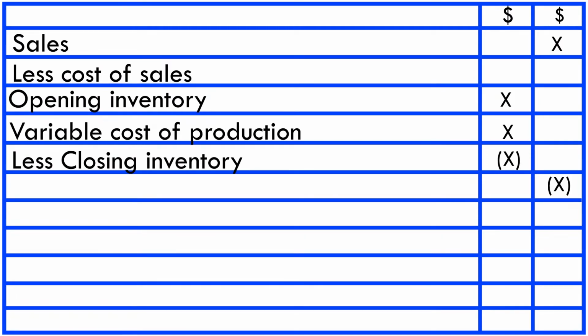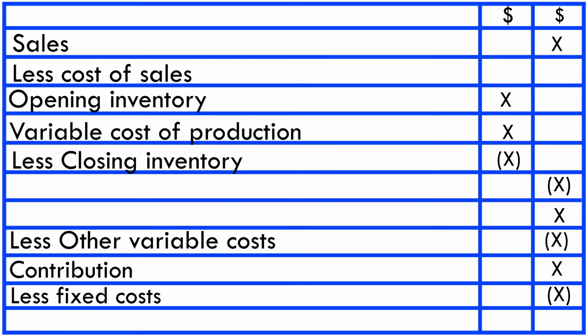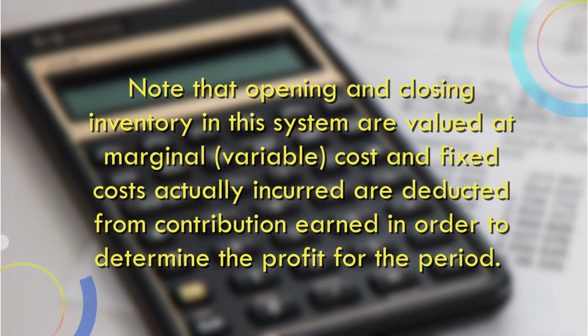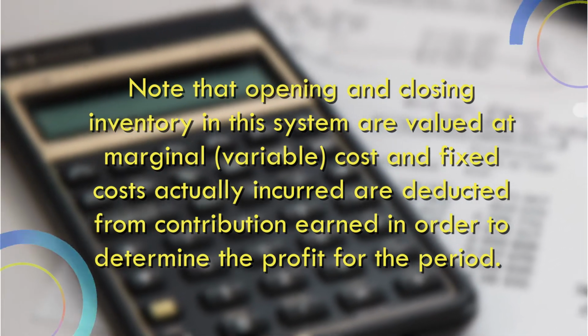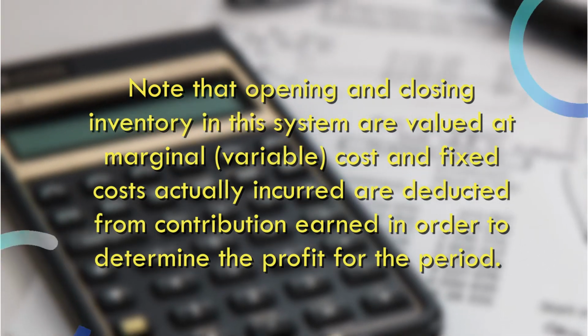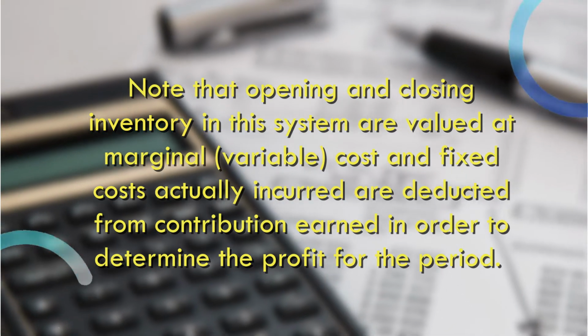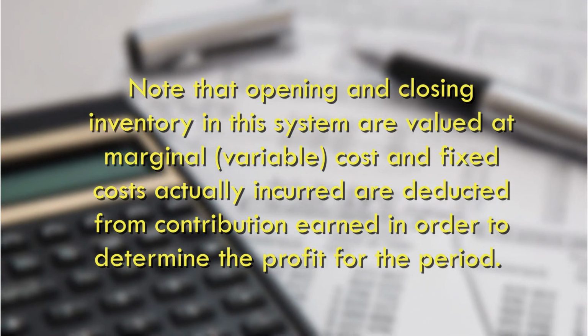And then, of course, from there now we can deduct other variable costs to give us contribution, and then we less fixed costs to get the profit. Note that opening and closing inventory in this system are valued at marginal or variable costs. Fixed costs actually incurred are deducted from contribution in order to determine the profit for the period.